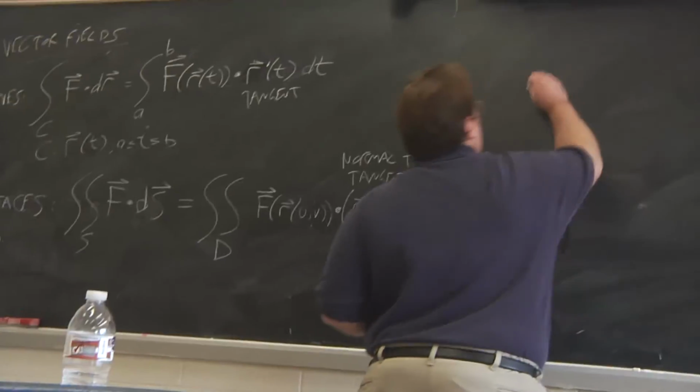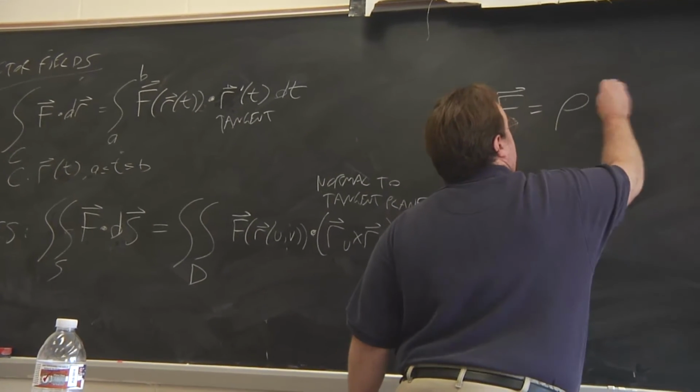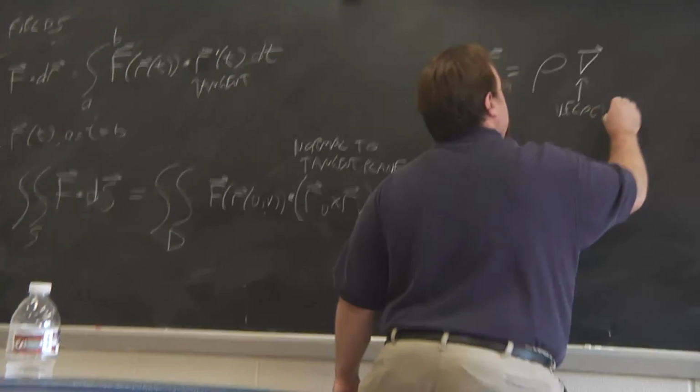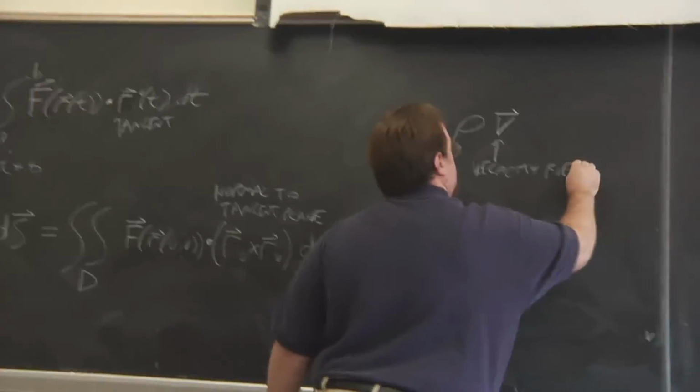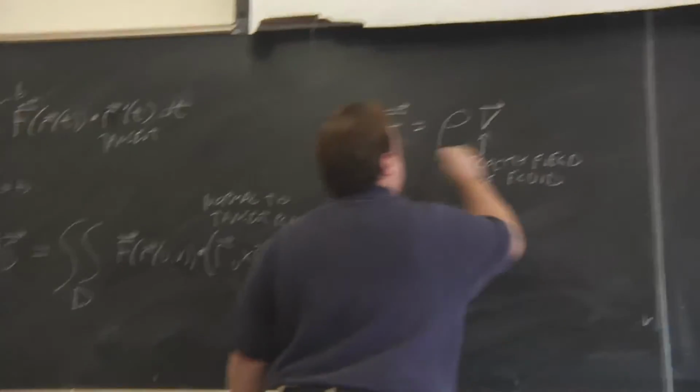Suppose that your vector field is rho v, where v is a velocity field of a fluid, and rho is the fluid density.